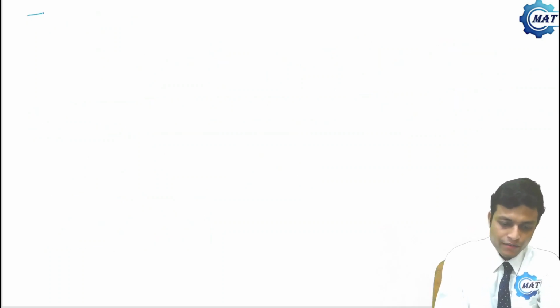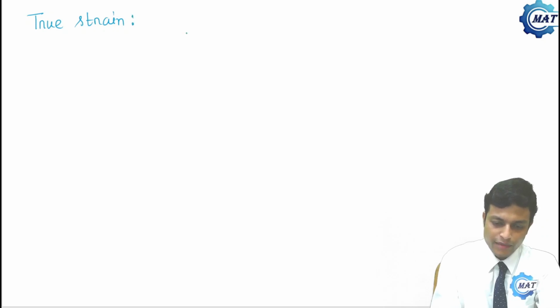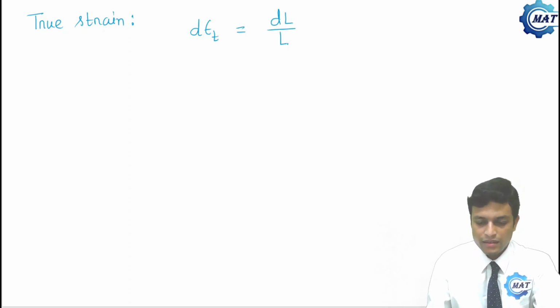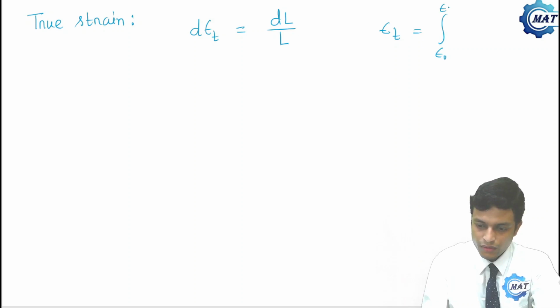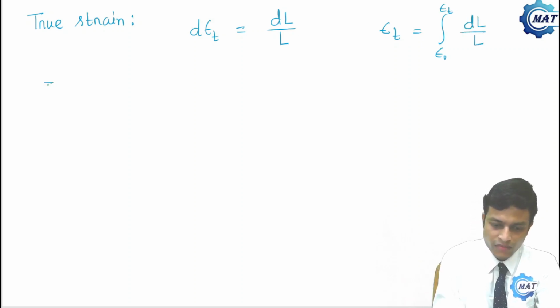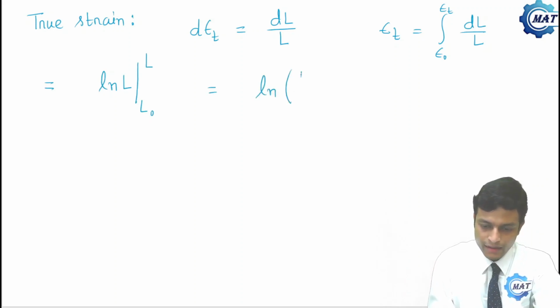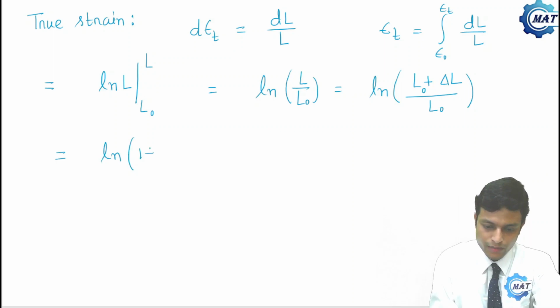Now, what is true strain? The elemental true strain is d epsilon t equals dL by L, where L is the instantaneous length, the length at any instant, similar to A. So epsilon t is the integral from L0 to L of dL by L, that is ln L by L0, that is ln (L0 plus delta L) by L0, which equals ln (1 plus epsilon).